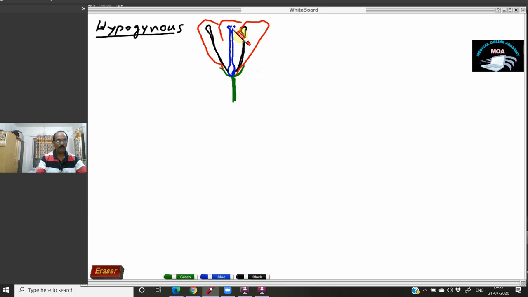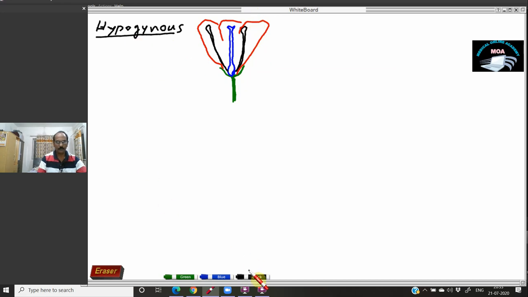So the gynoecium or ovary is present in the center, and all other parts are present above. This type of flower is known as hypogynous. The word hypo means below, and gynous means gynoecium. So the gynoecium is the lowermost part, and all other parts are present above that. Then it is known as a hypogynous flower.